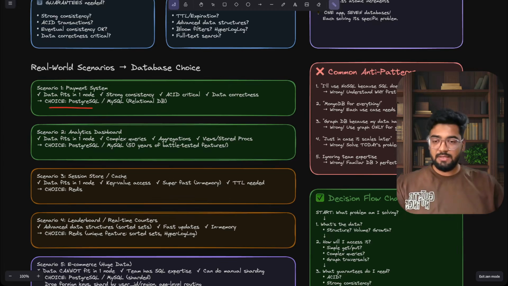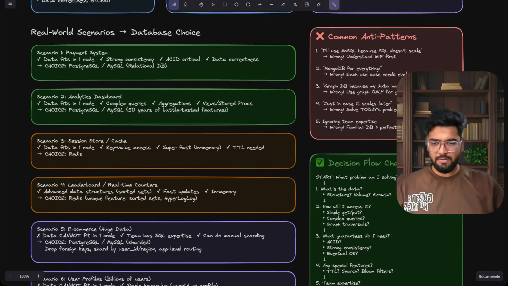Now in this case, the straightforward choice is going to be MySQL or the relational databases, because ACID properties come out of the box. You will get strong consistency and data correctness. So for payment systems, go straightforward with PostgreSQL. Also, the data is going to fit in one node. If not, you can manually shard the relational databases.